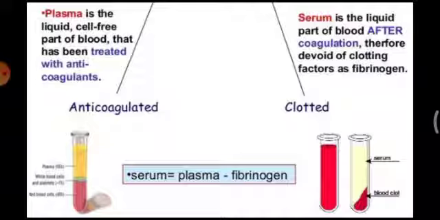So non-clotted blood centrifuged, the topmost liquid part obtained, which contains clotting factors, is called plasma. If you take the blood and clot it, the liquid part obtained is called serum. Serum is nothing but plasma minus fibrinogen.